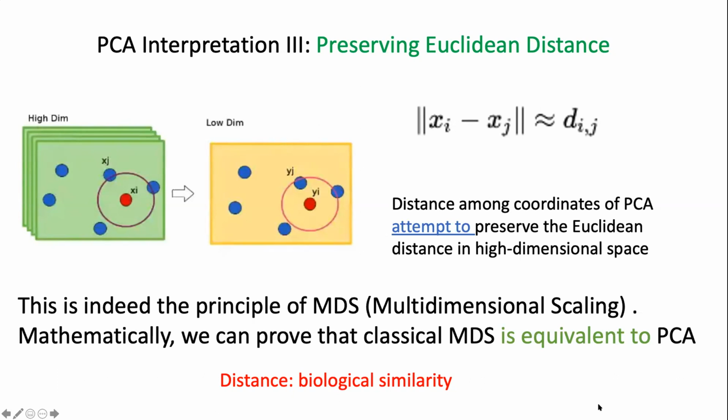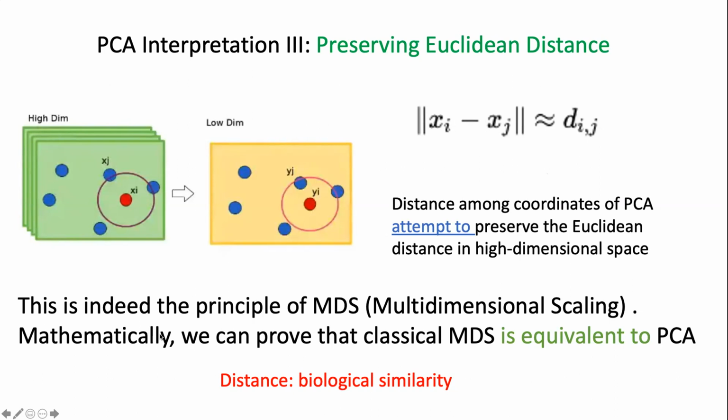For example, you have data points in the high dimensional space, with distances Dij, and Xi and Xj are the coordinates you want to produce. You can directly prove that the best approach is also PCA if you want to preserve Euclidean distance. So after PCA, the distance in the low dimensional space best preserves that in the high dimensional space. That's another understanding of PCA.